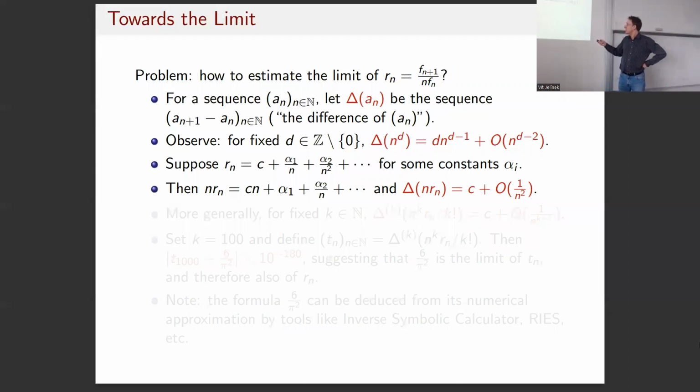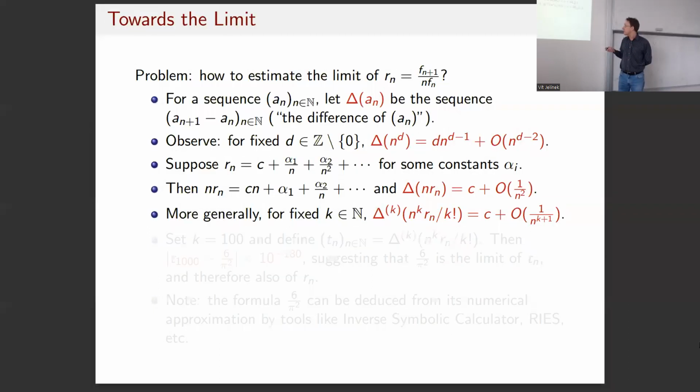This constant term here is destroyed by the difference operator, and what remains are terms of order 1 over n squared. So this numerical manipulation, if everything works as I imagine it to work, gave me a sequence which has the same limit as before, but now the error term is of smaller order.